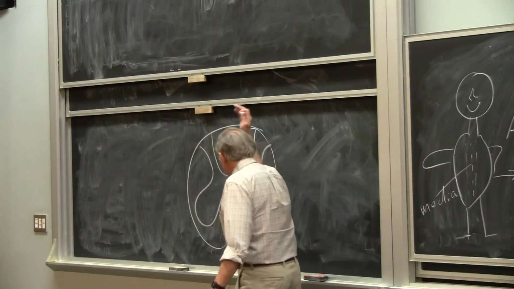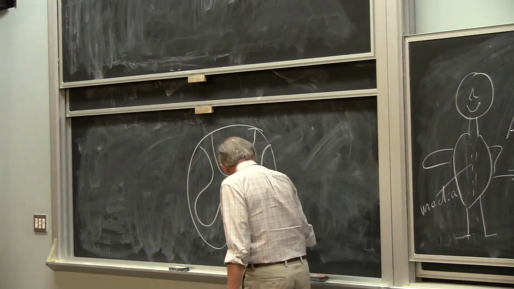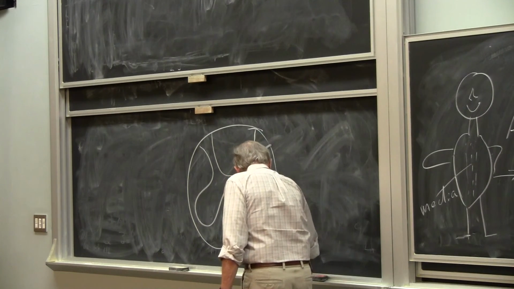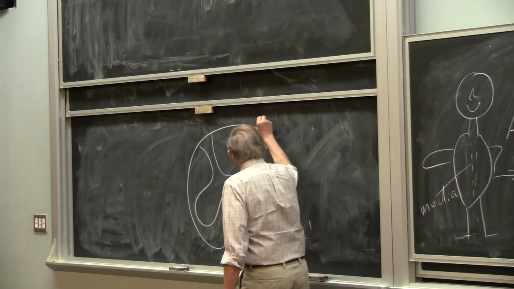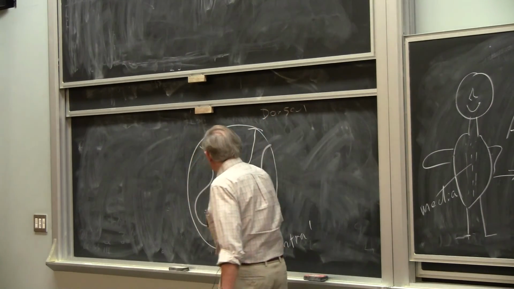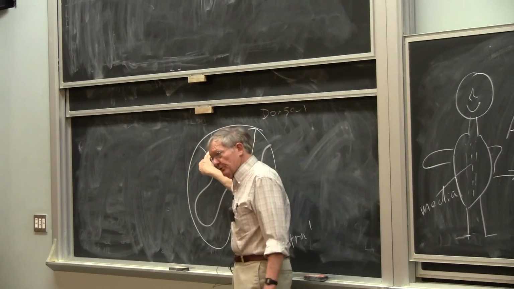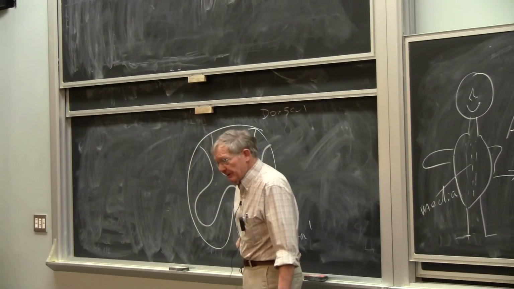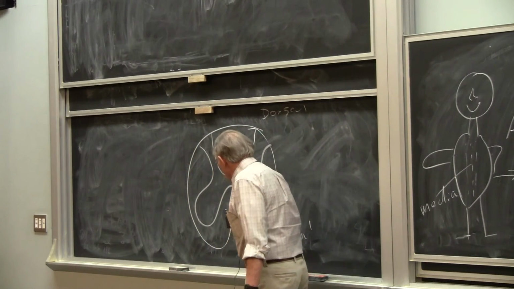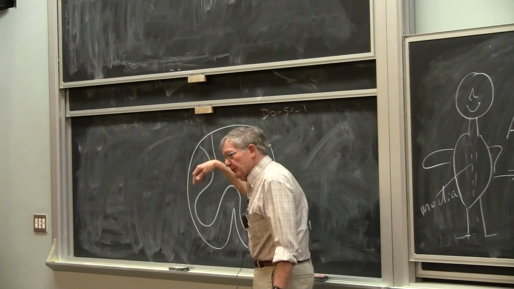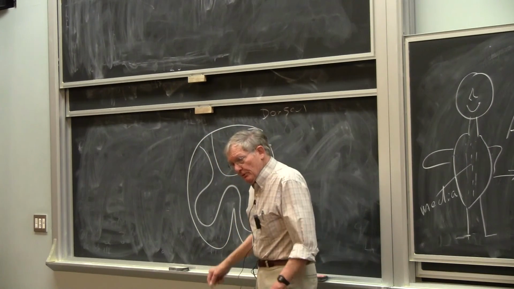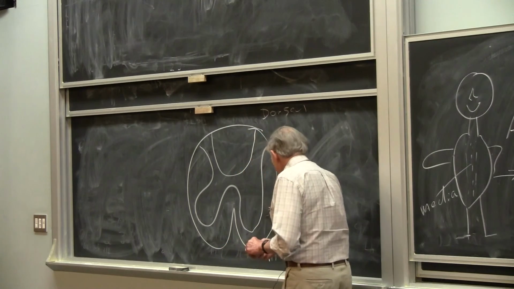Okay, so this is a cross section of the spinal cord, and this down here is ventral, and this up here is dorsal. So things that are happening up here are going to be called the dorsal so-and-so, and things that are down here are going to be called the ventral so-and-so. Things that enter the spinal cord up here are going to be called the dorsal something or others, and things that come out this part of the spinal cord are going to be called the ventral such and such.